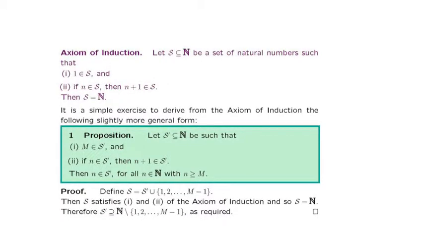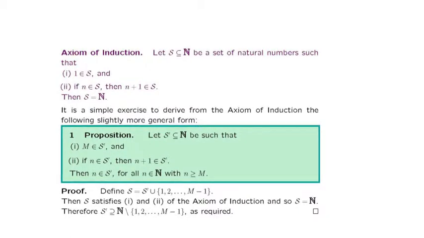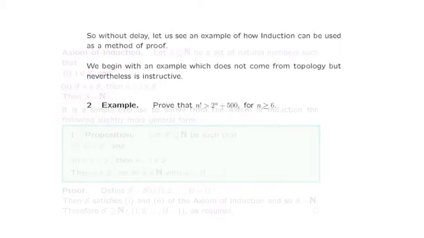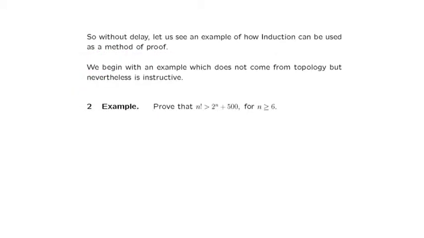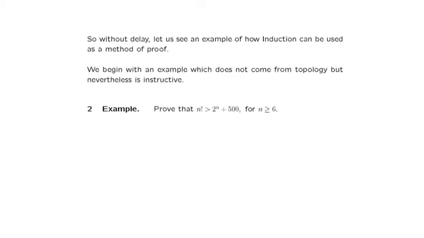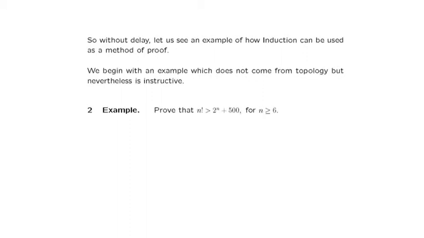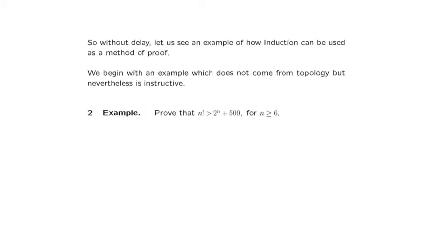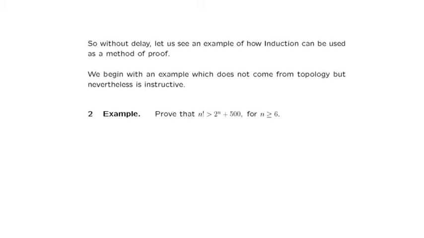So we now have the axiom of induction, which we will express in a slightly different form when we proceed to use it. So without delay, let us see an example of how induction can be used as a method of proof. We begin with an example which does not come from topology, but nevertheless is quite instructive.